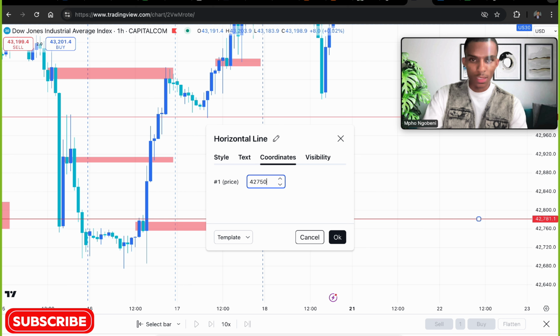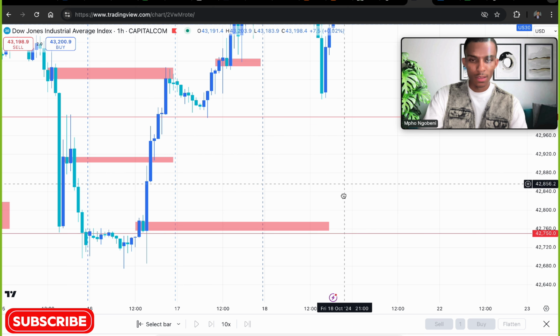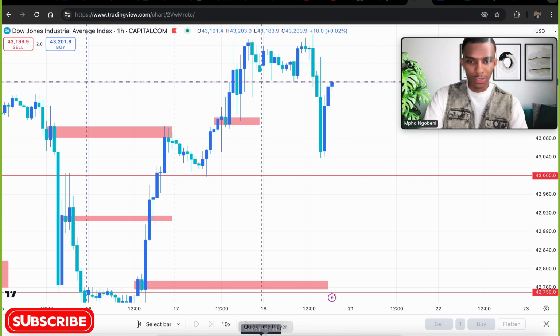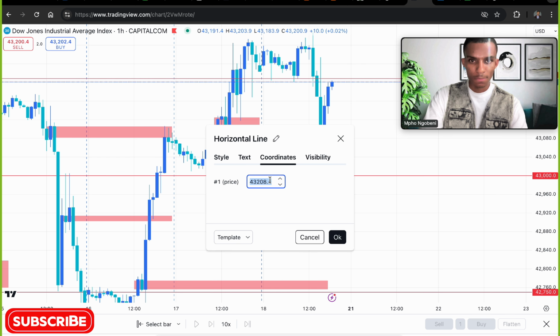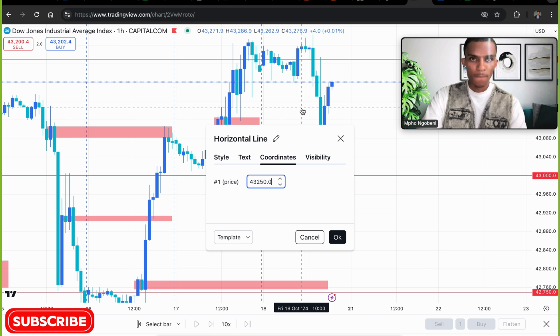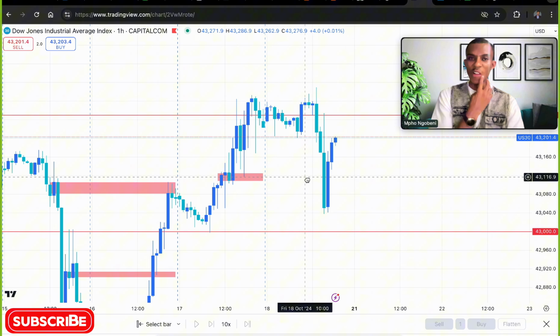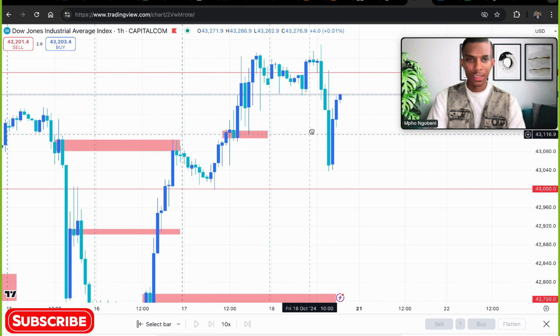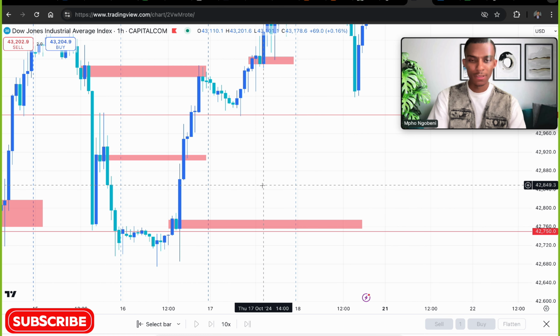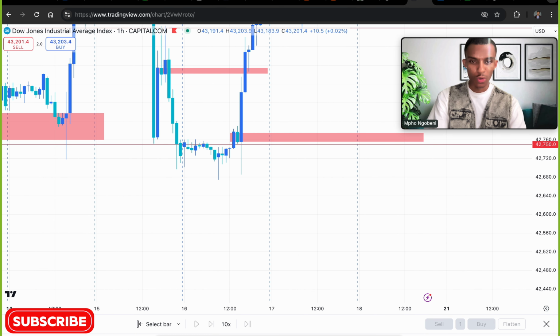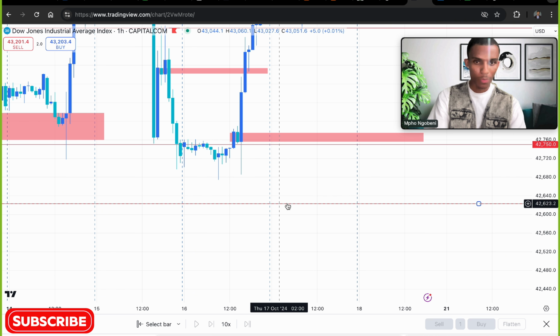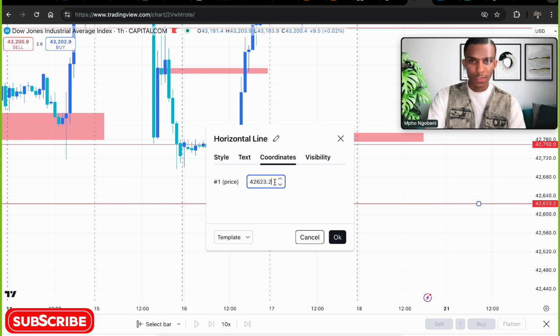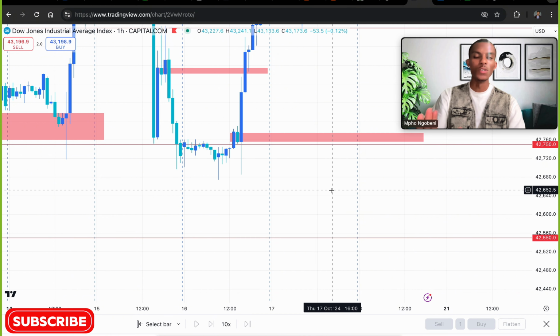Let's include everything, zones, key levels, everything. The 250 was there. Maybe I can also include the last one at the top and bottom there, the 550. Yeah, now we're good.